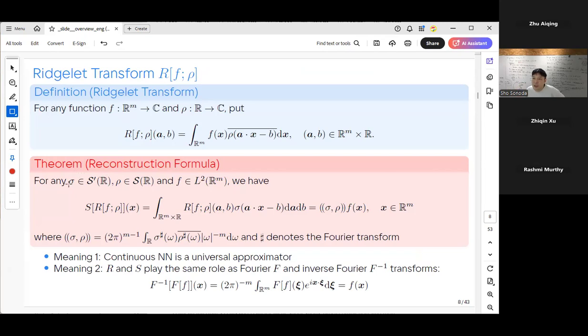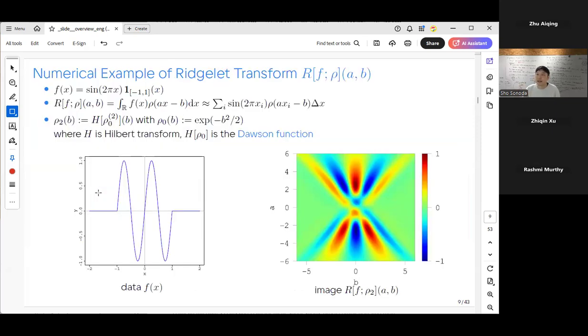Sigma could be a tempered distribution like Gaussian or ReLU or hyperbolic tangent, but rho should be a more regularized function like Gaussian. Yes, these pairs are in some sense dual to each other. Technically we can choose rho to be sigma. Thank you for the question.